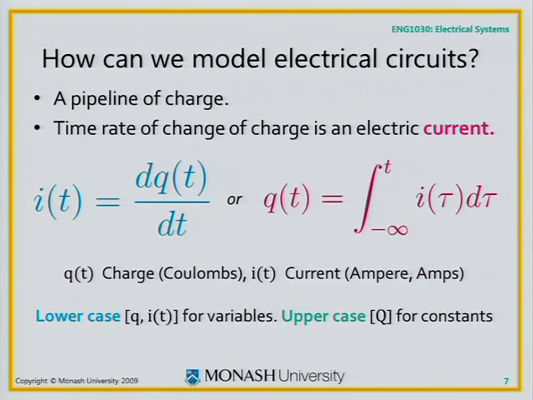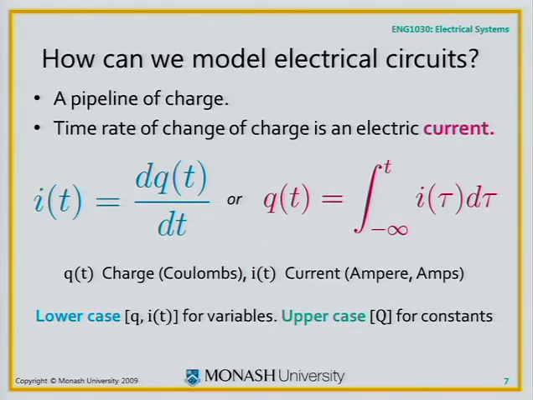Question, yes? Well, otherwise I could say the charge that's passed up to time t is the charge that's passed up to time 0 plus the integral between 0 and t. But you've got to have some initial condition.